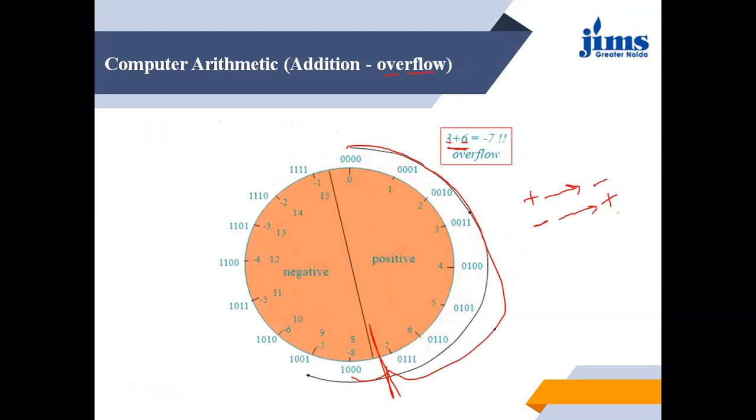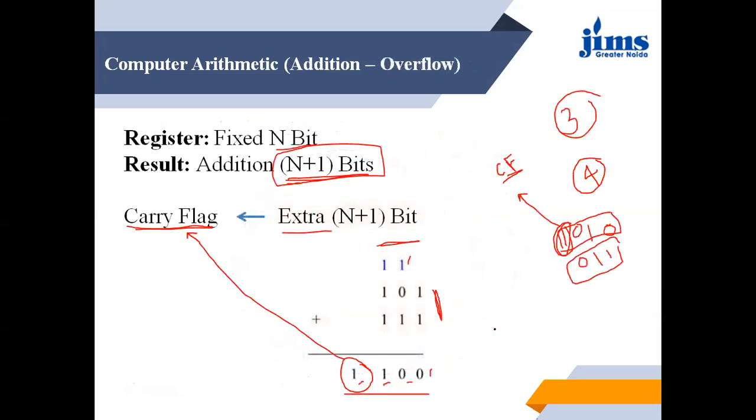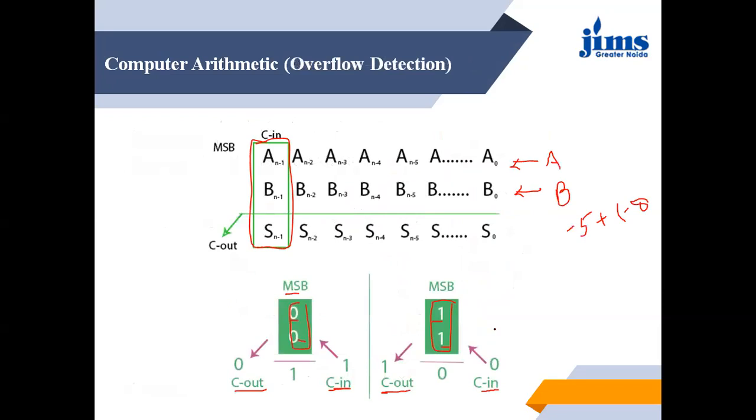Then we saw overflow in addition and underflow in subtraction. Then we discussed the carry flag, when the carry flag is 1, and how we come to know whether there is a carry or not from the numbers.